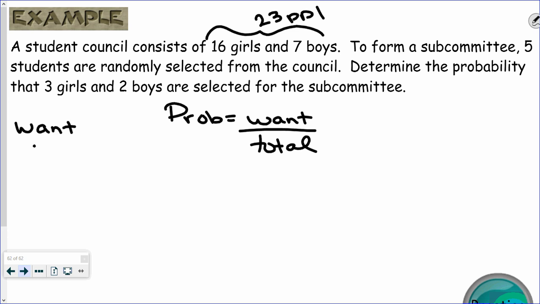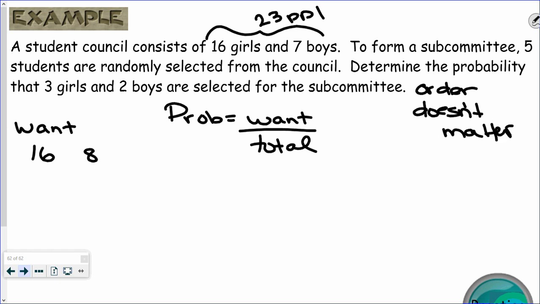I want, out of the 16 girls, I want 3. When picking options for a committee, order doesn't matter. So because order does not matter, I am going to use a combination. So it's going to be a C. Now I also want 2 boys, so out of those 7 boys, I want to choose 2. That's what I want to happen.